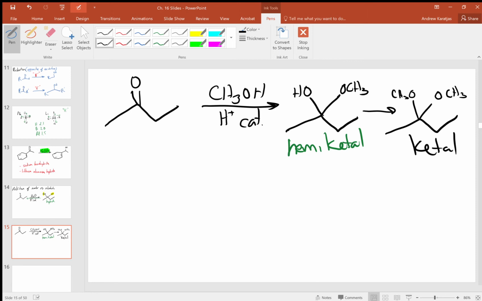The answer is it depends on the starting material and it depends on the alcohol that we use. And without spending the next 45 minutes describing different situations and how they would affect this reaction, we're just going to leave it at that and say that, again, it depends very strongly on the specific reaction conditions.